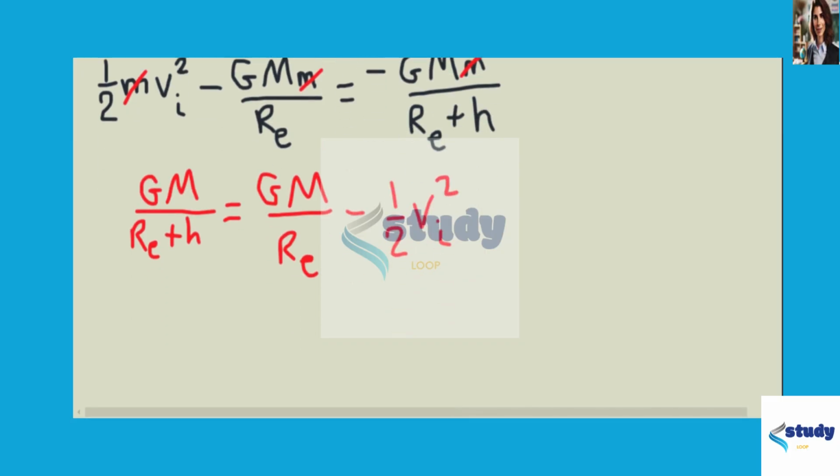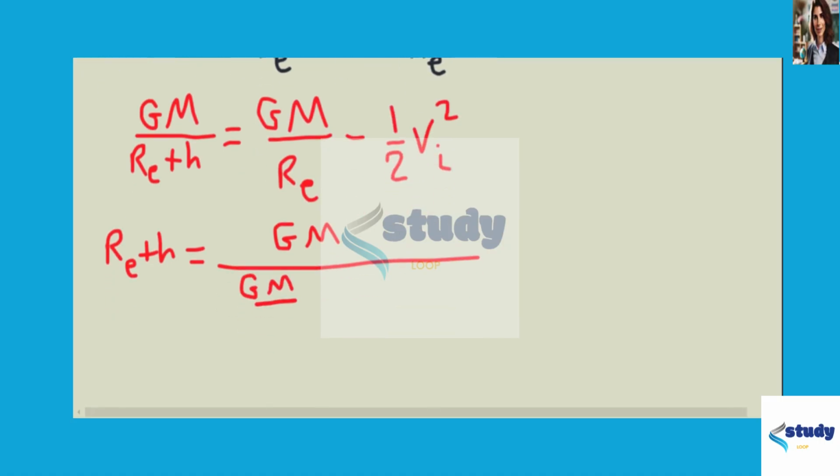Then I'm going to rearrange that so that it says R_E plus h equals GM over (GM over R_E minus 1/2 v_i squared). If I subtract R_E on both sides, then I have an equation for altitude.